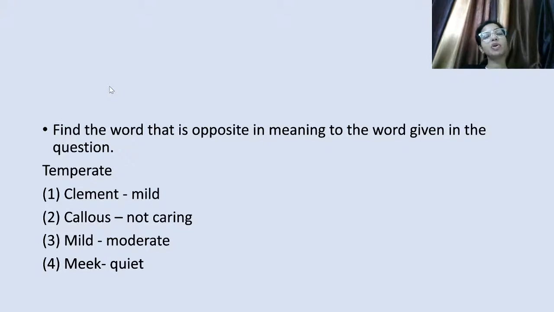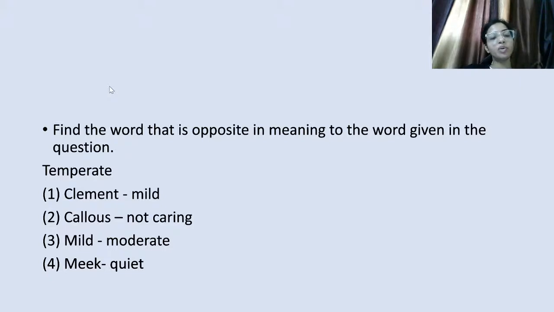Temperate means, have you heard the word temperate zones or temperate forests or temperate areas? These are the areas where the climate is neither very warm, neither very hot, neither very cold. And the word temperate is derived from that only, means something which is neither very hot nor very cold. Okay. And now the word clement, it means mild.